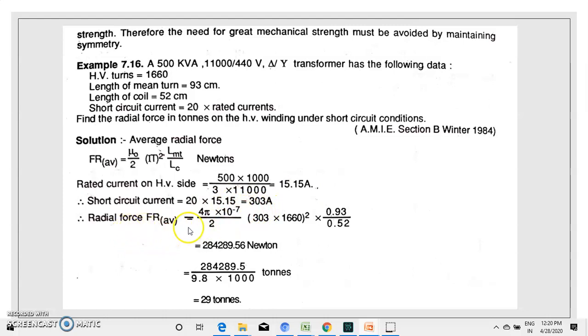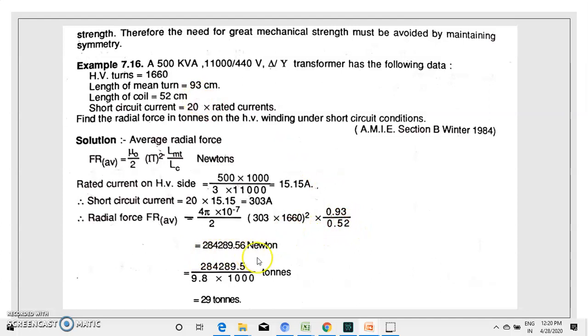Now the radial force: 4 pi into 10 raised to minus 7, the value of mu 0, divided by 2, into (I into T) square, that is I is 303, T is the number of turns of the HV winding, 1660, into LMT, the mean length of the turn, given as 93 centimeter, converted into meter that is 0.93, and divided by the length of the coil, 52 centimeter, converted into meter that is 0.52.